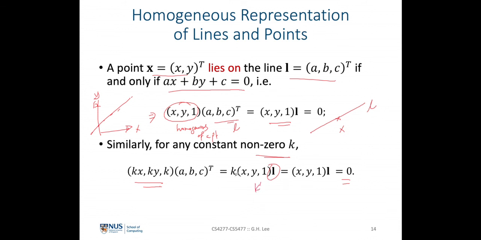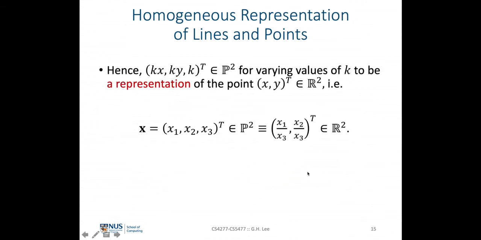So we can see that k and k prime are going to cancel out when we equate it to 0, and at the end of the day, it's still this particular equation that represents the incidence relation between a point and a line.